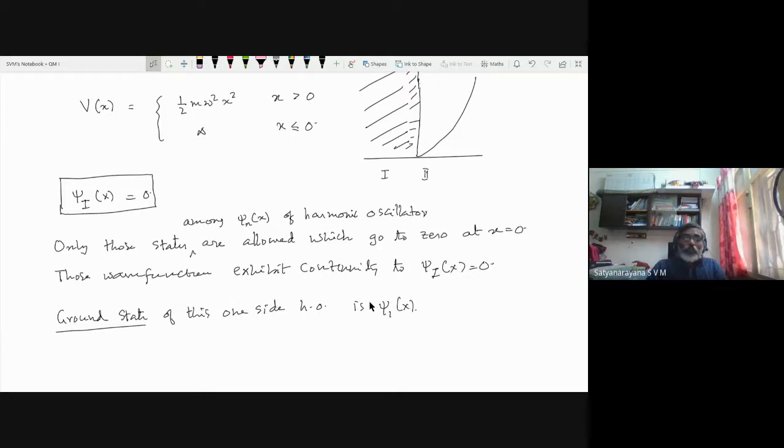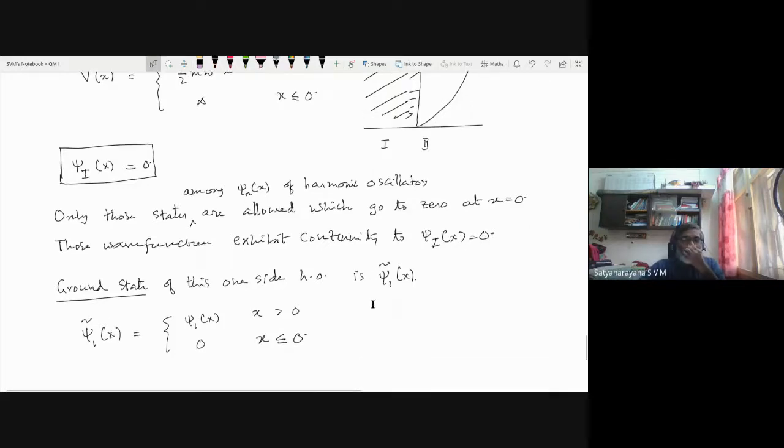So what is psi 1 of x? It is the same as psi 1 of x of the harmonic oscillator. Let's call this psi tilde of x. Psi 1 tilde of x is psi 1 of x for x greater than 0, and 0 for x less than or equal to 0.